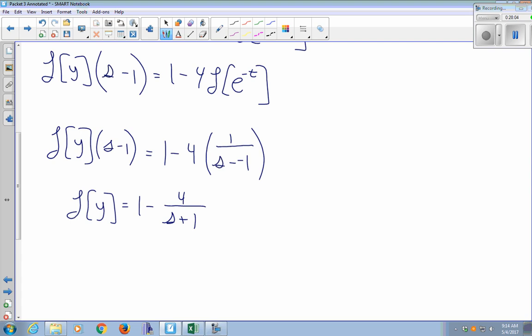The Laplace of y and y are just related by an integral. So I need to be able to go backwards. If I give you a y, you can calculate the Laplace of y using the integral I gave you, or maybe a table of Laplace transforms. So I just need to go backwards and I'll be done. I just copied the right-hand side: 1 over s minus 1 minus 4 over s plus 1, s minus 1.